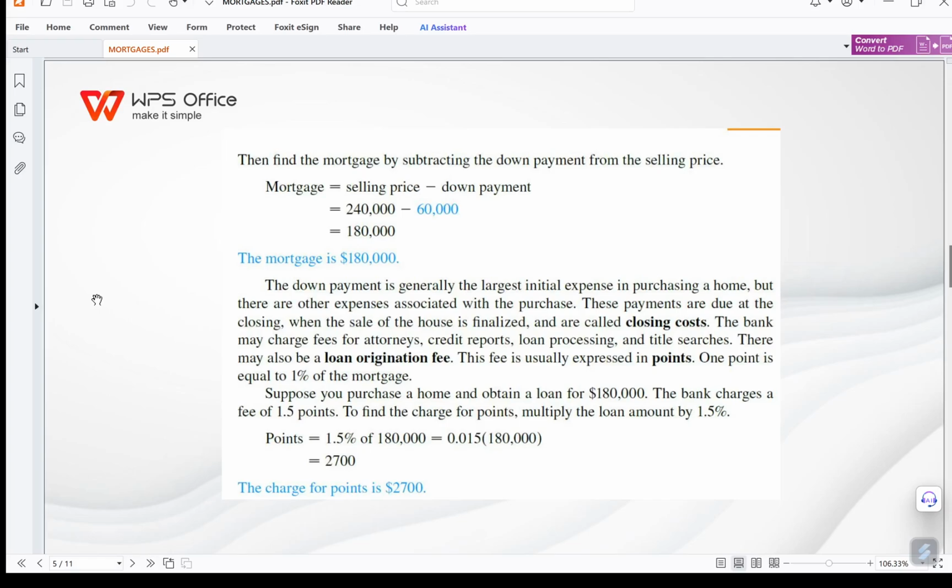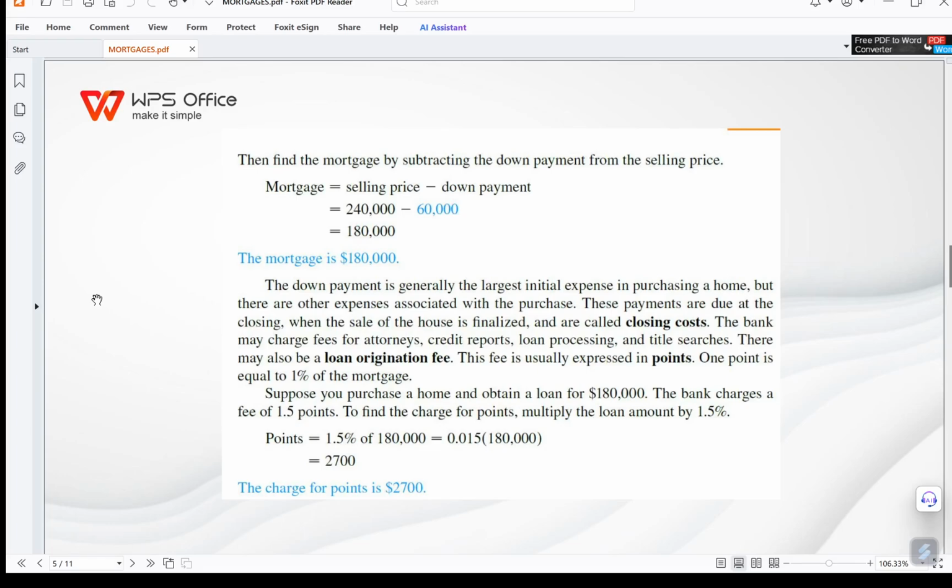Suppose you purchase a home and obtain a loan for $180,000. The bank charges a fee of 1.5 points, that is 1.5%. To find the charge, multiply the loan amount, that is the mortgage, by 1.5%. So points is equal to 1.5% of 180,000, which is the same as 0.015 times 180,000, which is equal to 2,700.